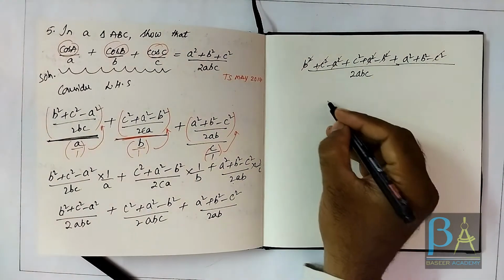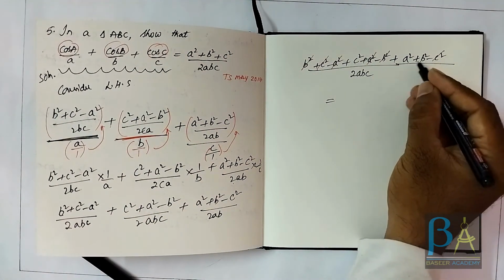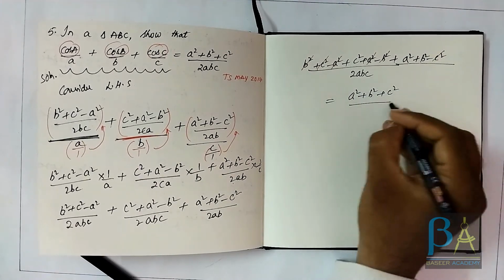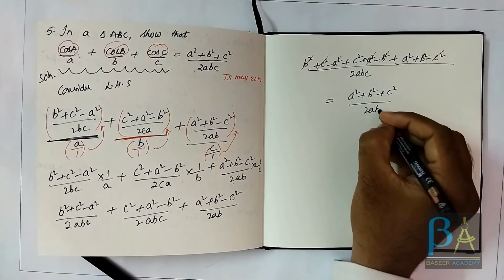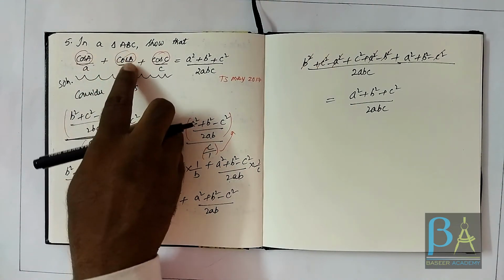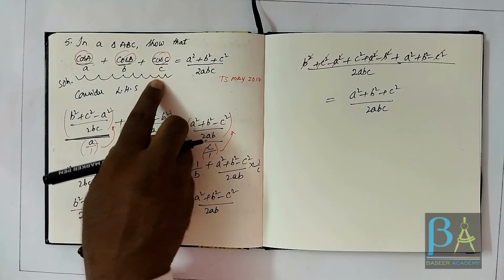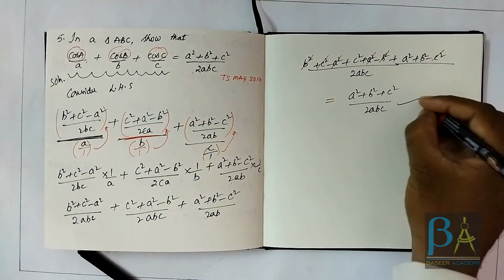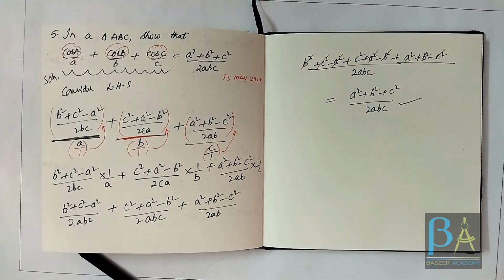What am I left with now? I am left with a square plus b square plus c square by 2abc. So we were supposed to prove that cos A by small a plus cos B by small b plus cos C by small c is a square plus b square plus c square by 2abc, and we proved it. So with this, we have come to the end of the video.